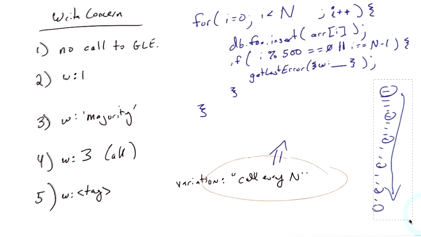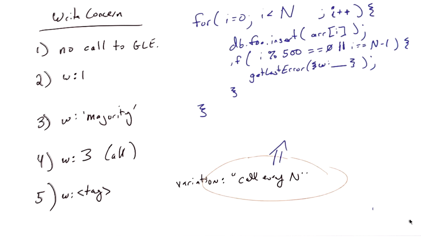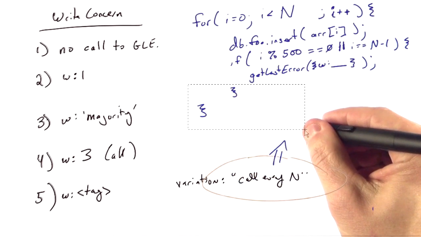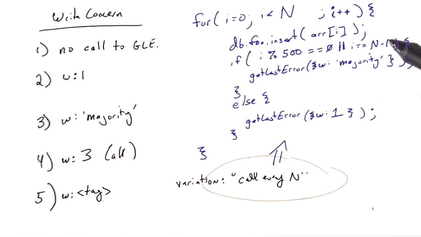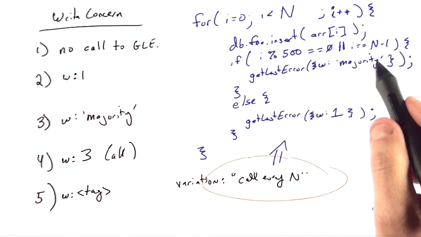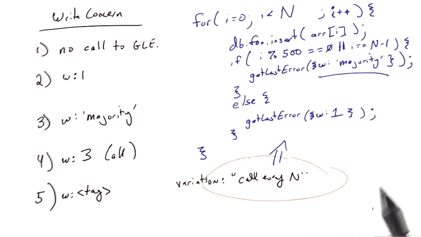Another way to go, though, to keep in mind, is a variation here that's a little stronger in terms of reliability. Here we've done the same idea again, but every nth we're making a relatively strong acknowledgement call, and on the other ones we're making a lighter one that presumably is faster. Or we could do something like all the members here.